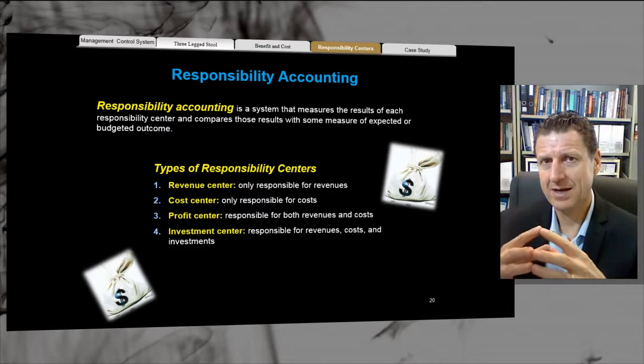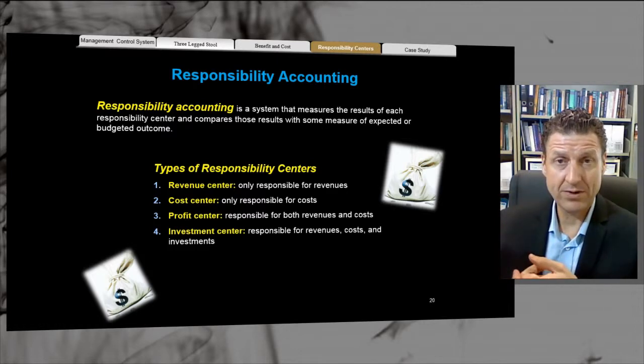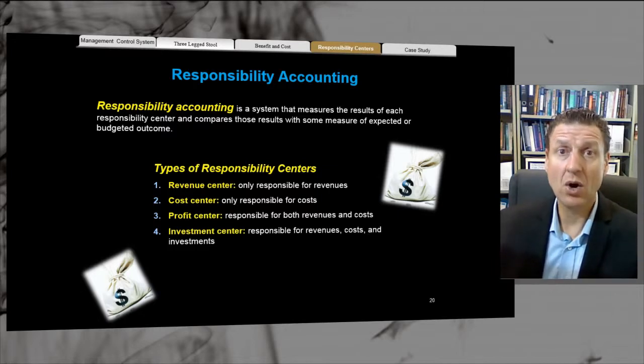So you can think about it, for the most part, cost centers are very popular when you want to keep the lid on costs. You want to control costs, especially for non-sales divisions. Whereas a sales division may either be a revenue center or a profit center.